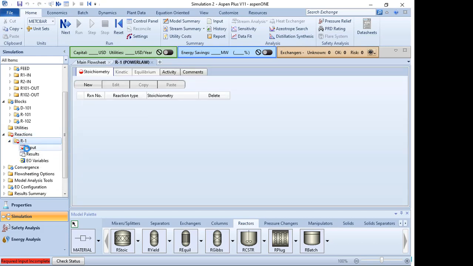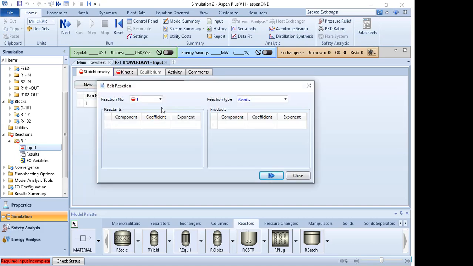You click R1 and then go to Input. Here you can click New. This is to specify the chemical reaction. How many reactions do you have? Let's say in one reactor you only have 5, then you specify that here, and in another reactor you have 8 reactions, and you can specify 8 reactions there.